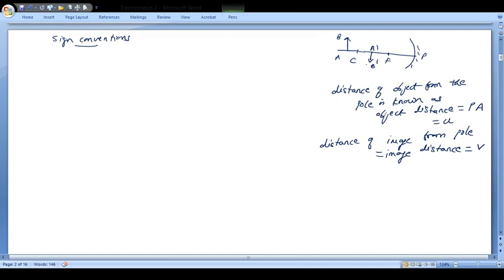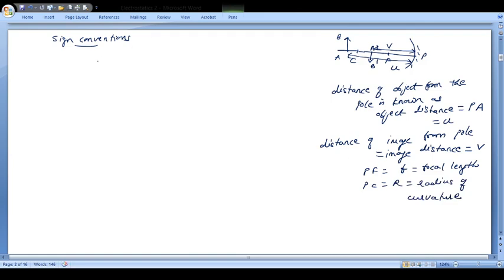So here this is going to be V, and this distance from A to P is going to be U. Similarly, PF, the distance from pole to the focus, will be known as small f, that is the focal length. And distance between P and C will be capital R, that is known as radius of curvature.